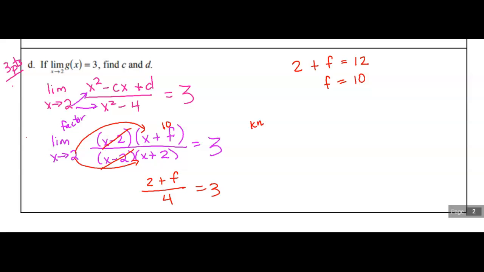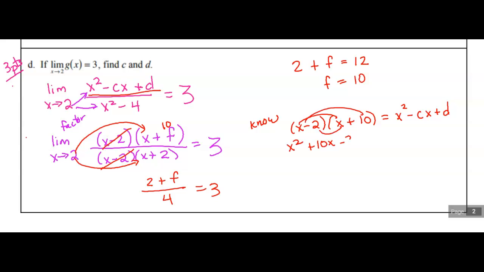So what we know is that my numerator was (x minus 2) times (x plus f), and that has to be the same as our original numerator. Okay, so then I'll clean this up, and it has to be equal to this.